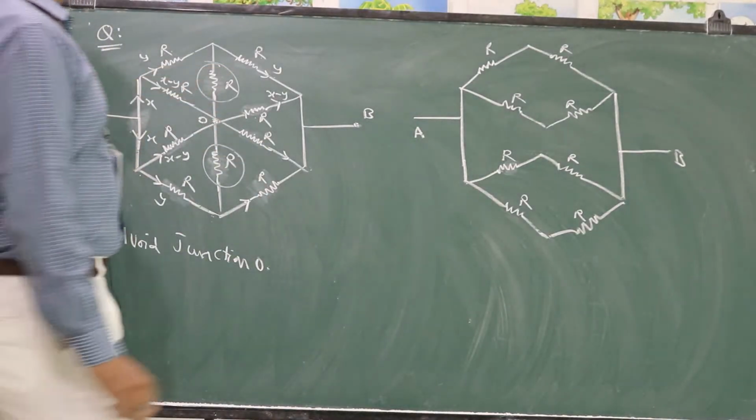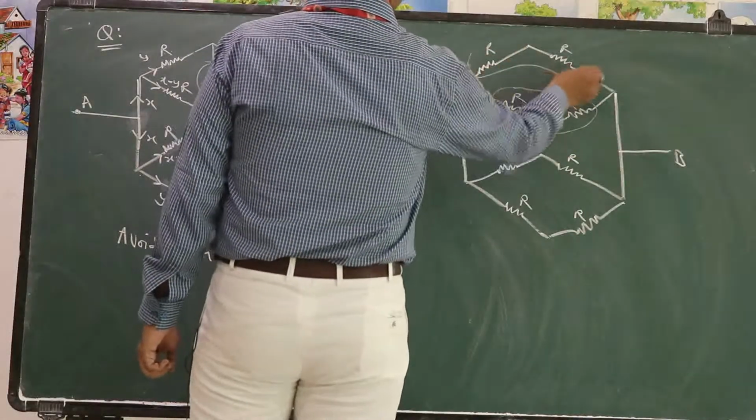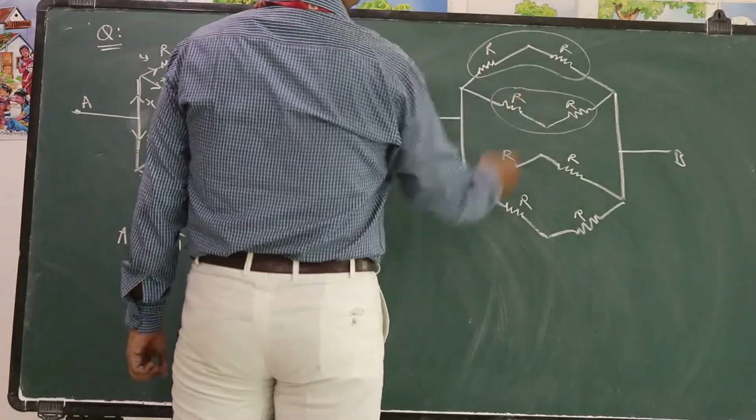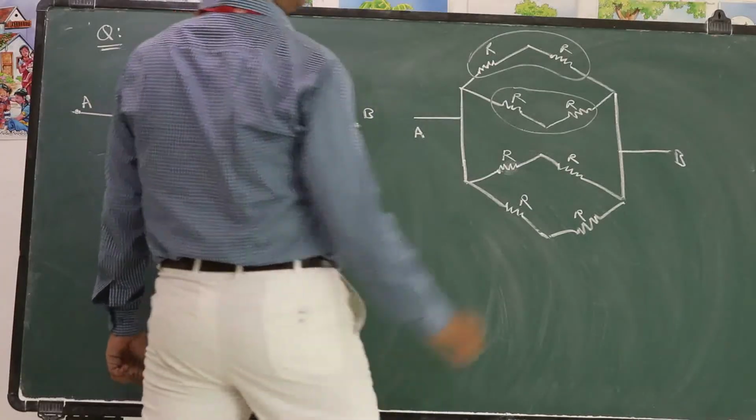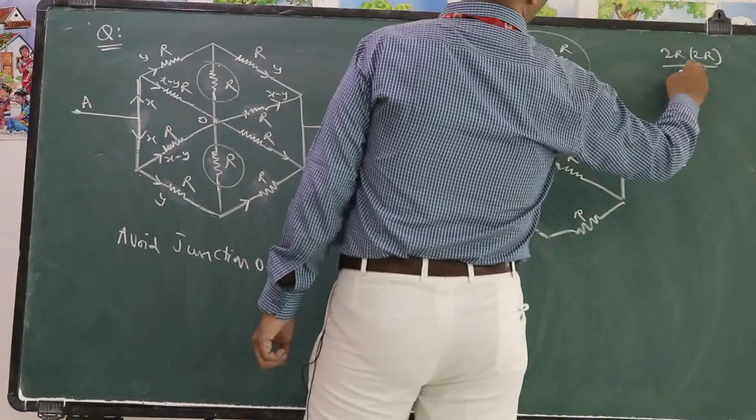junction point. Clearly, R and R both are in series. So it is 2R, 2R. 2R, 2R in parallel means 2R into 2R by 2R plus 2R, 4R.